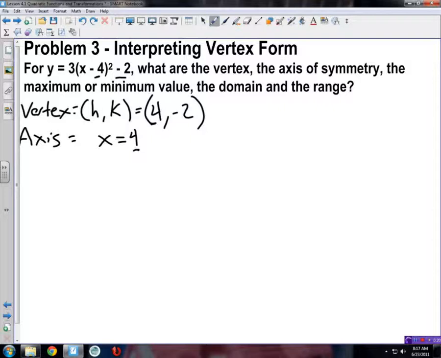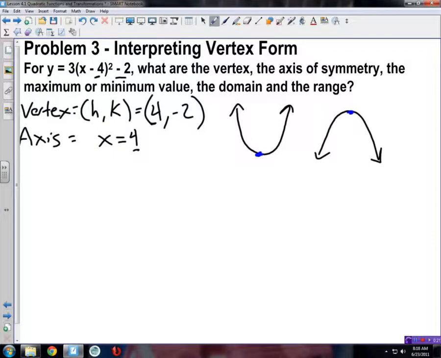Next is the maximum or minimum value. Ooh, maximum and minimum. We haven't really talked about this, but let's think about what it means. A maximum or a minimum. Well, our two options for graphs are going to be either a U or an upside down U. Well, what we mean by this is, is there a minimum value, which means is there a bottom of the bowl, or is there going to be a maximum value, which means is there a top of the hill?